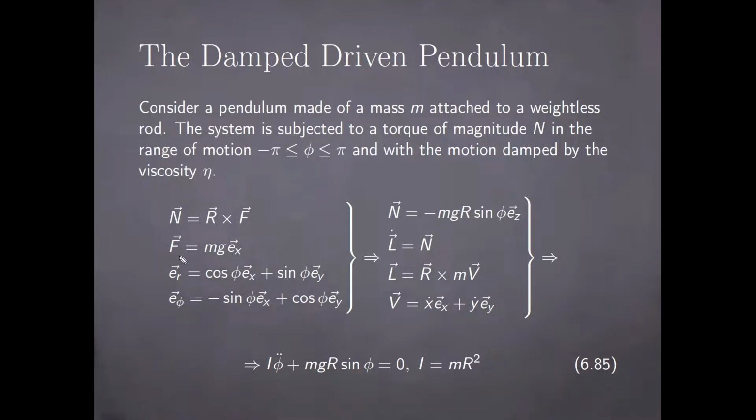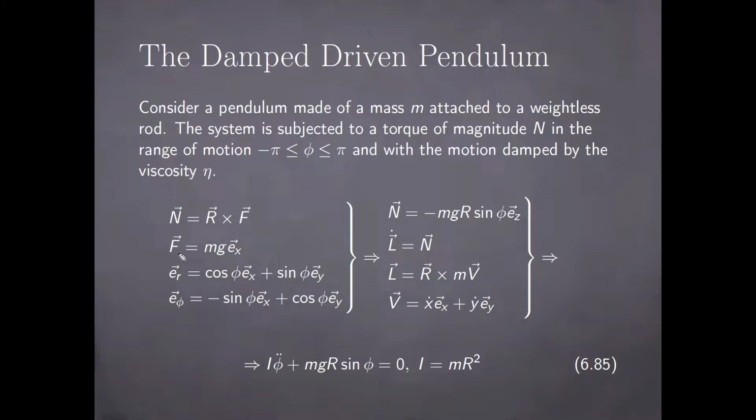In the case of the gravitational force acting on the pendulum, once again, we choose the x-axis pointing down along gravity, y is going to be orthogonal to it in the plane, and z is going to point towards the viewer, following the usual right-handed screw rule convention.